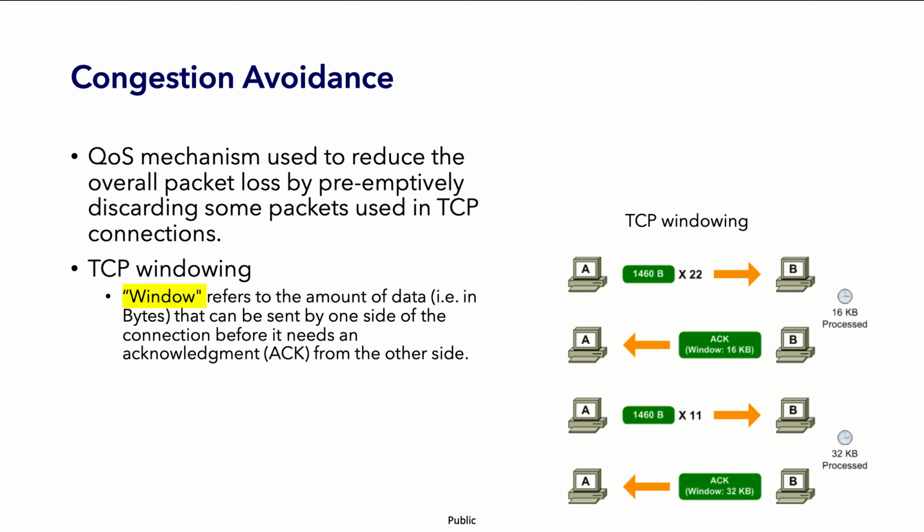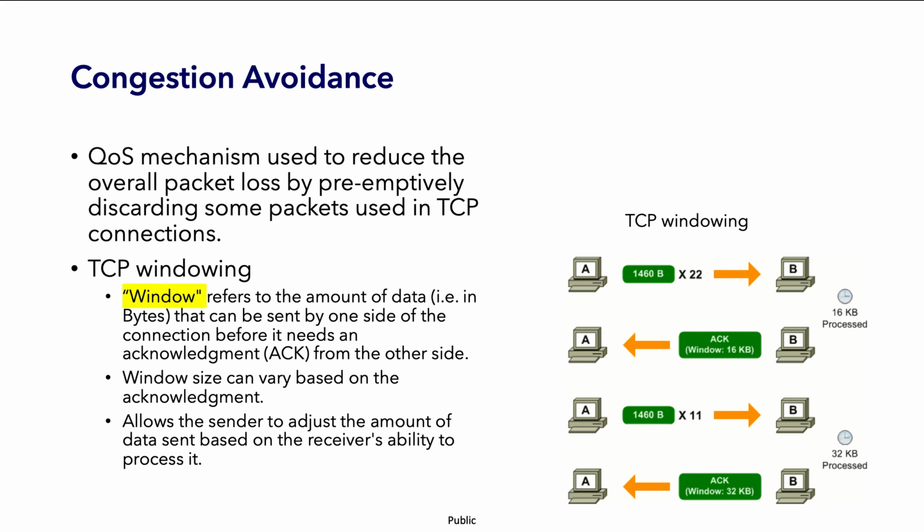It is like a buffer that holds data waiting to be sent or acknowledged. So window size can vary based on the acknowledgement. TCP windowing allows the sender to adjust the data sent based on the receiver's ability to process it, which means the receiver controls the sender's rate of sending the data.